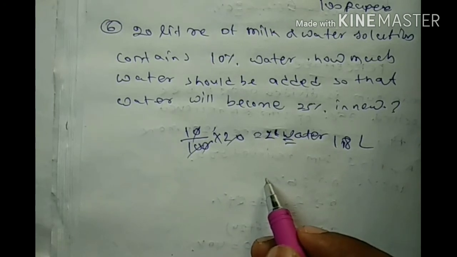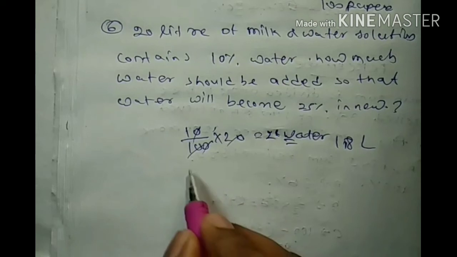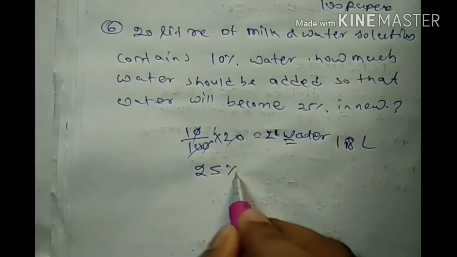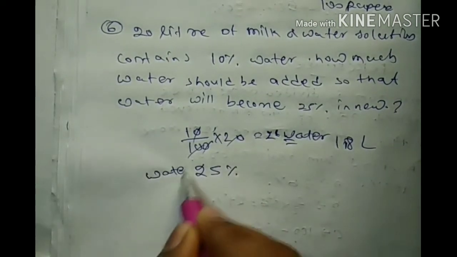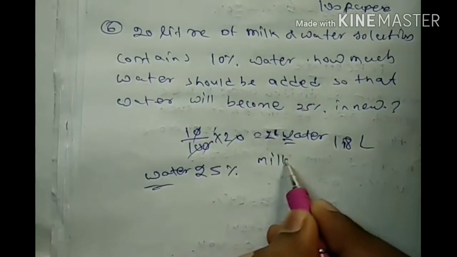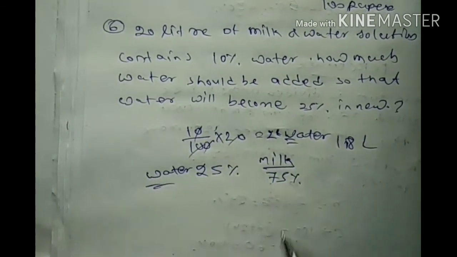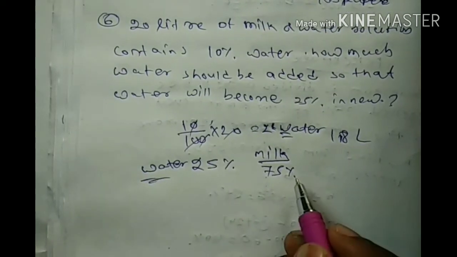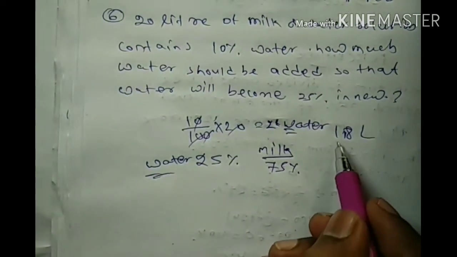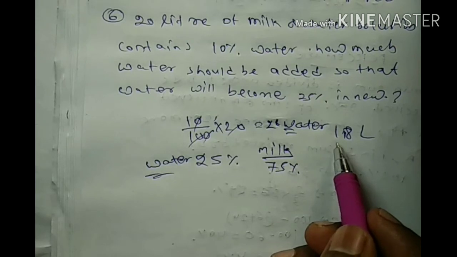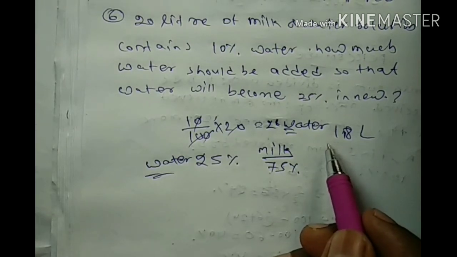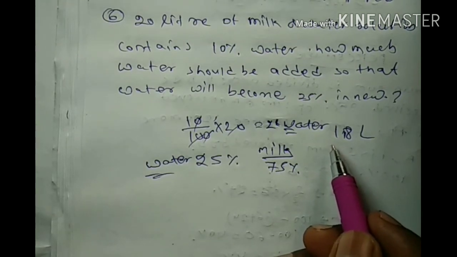How much water should be added so that water becomes 25% in the new solution? If water becomes 25%, then milk will be 75%. So the amount of milk is fixed. We don't change the amount of milk, we just change the amount of water by adding.